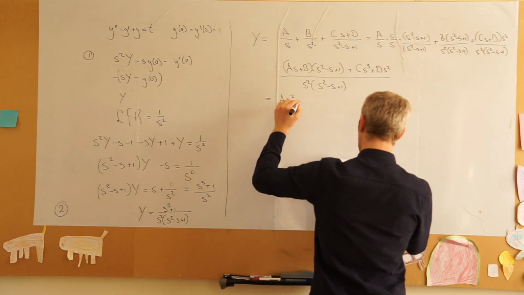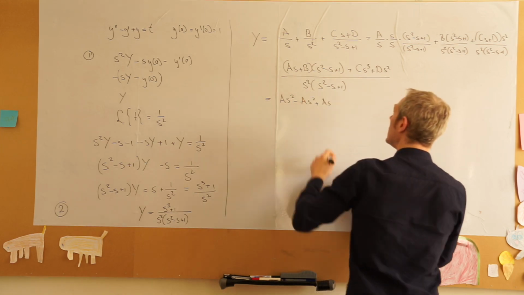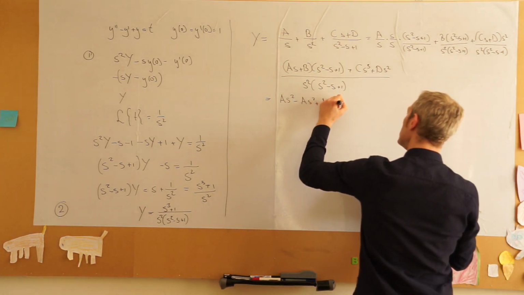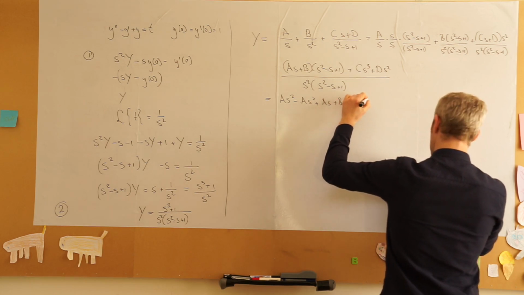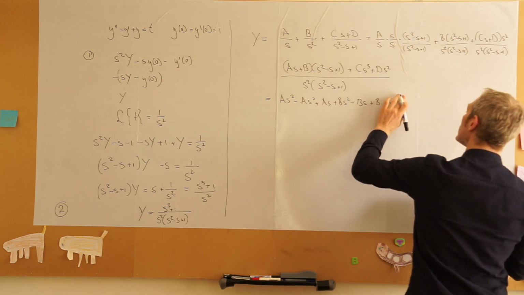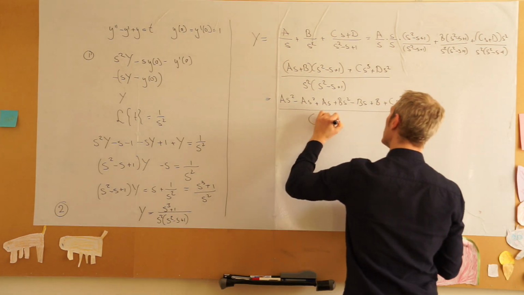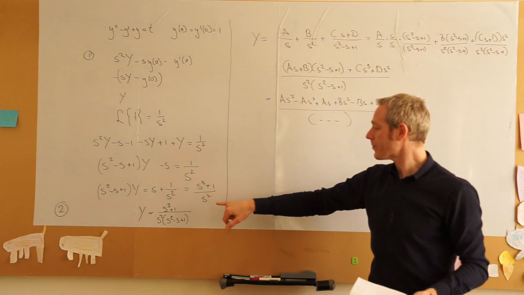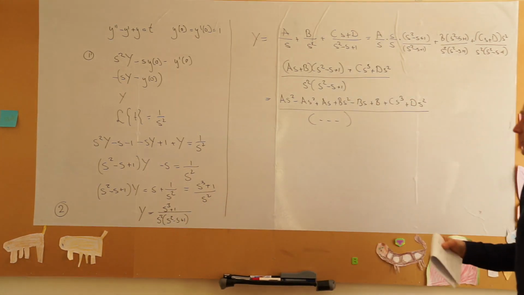Of course, I've done this before. And this is just multiplying these things out. Plus Bs squared minus Bs plus B, plus Cs to the power of 3 plus Ds squared, divided over our denominator. And this has to be then equal to s to the power of 3 plus 1 over the same denominator.